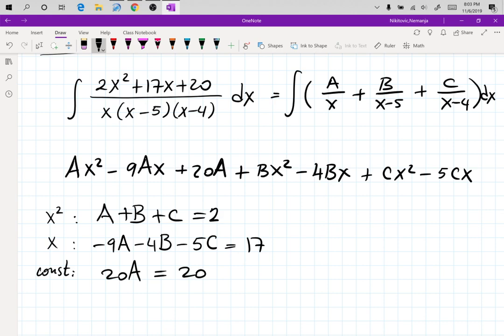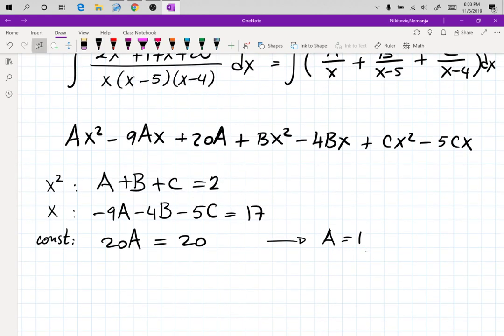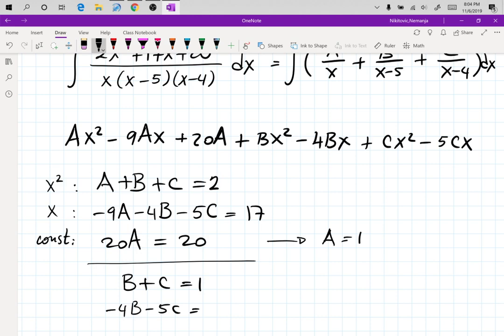So this would be considered actually an easy problem for the test, because it is a 3 variable problem, but as you can see, you instantly have a is 1. That's why it's considered very easy, because instantly it turns into a 2 by 2 system. So now I have b plus c, because a is 1, is equal to 1, and negative 4b minus 5c is equal to 17 plus 9 is 26.